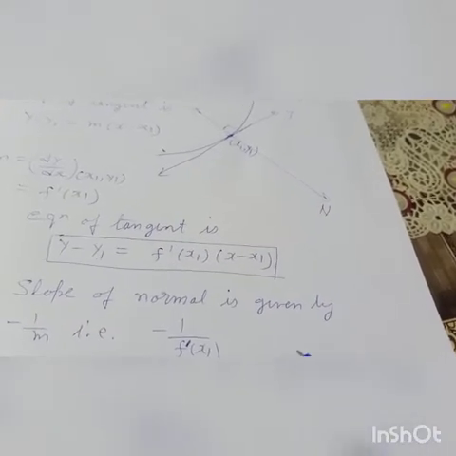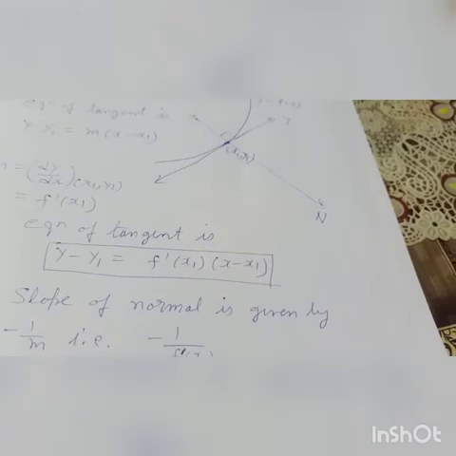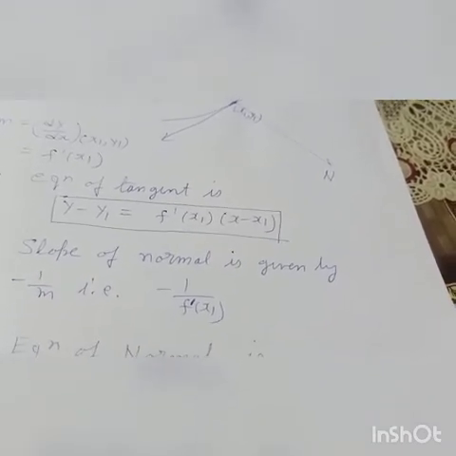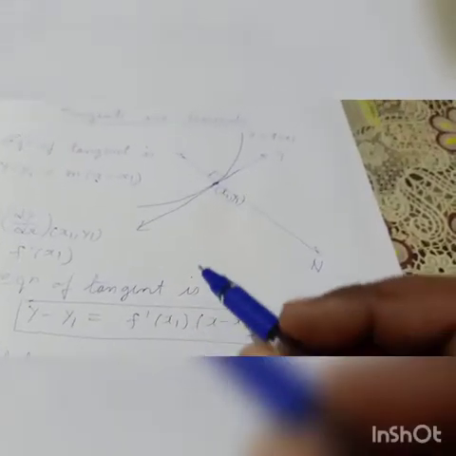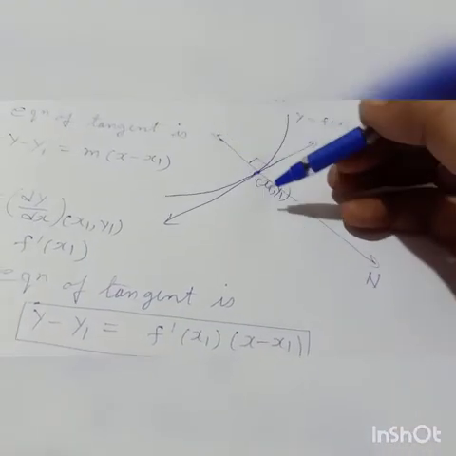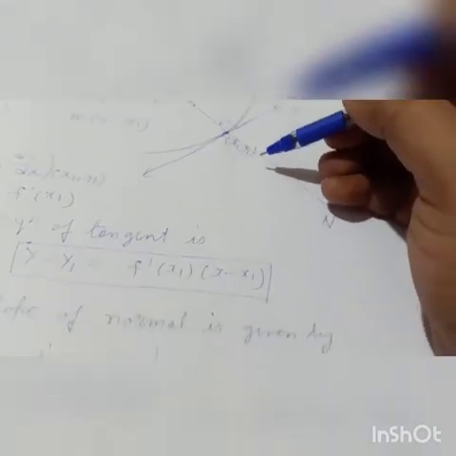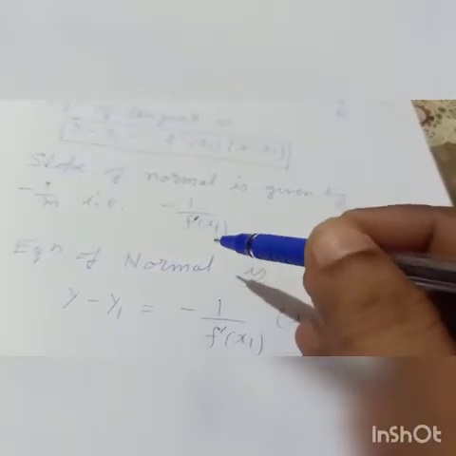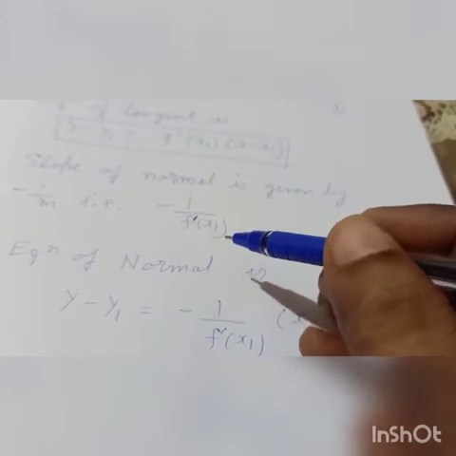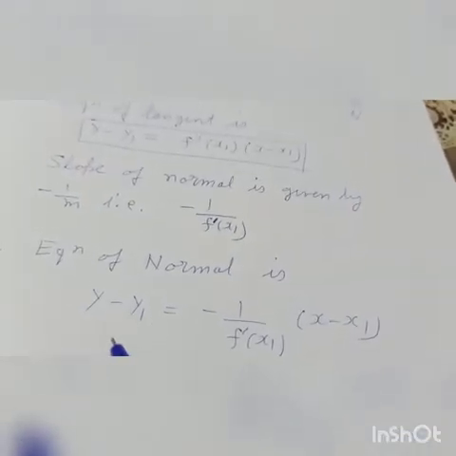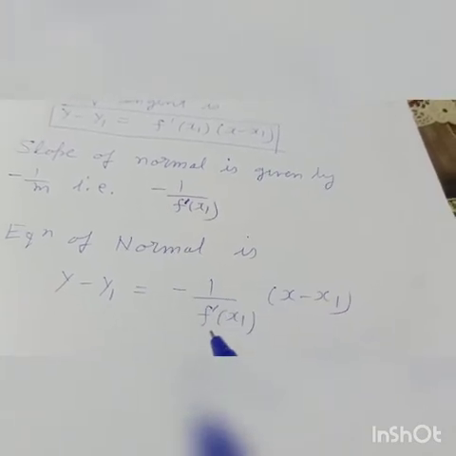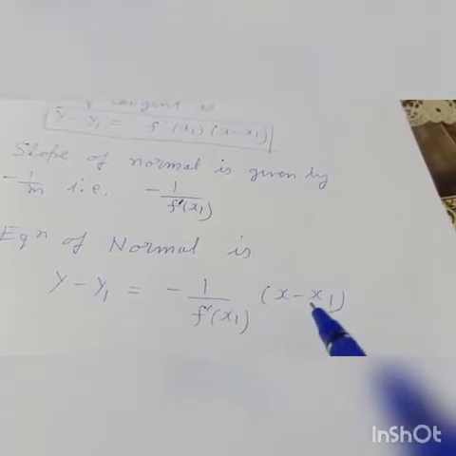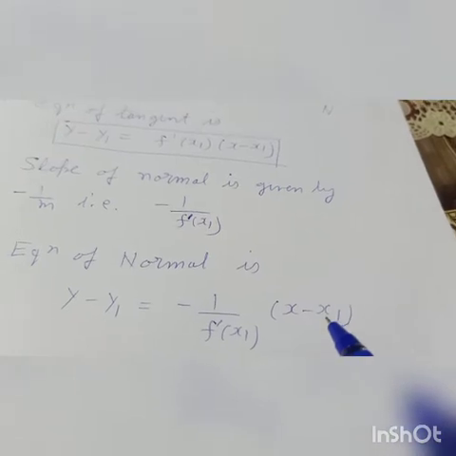So this is the slope of the normal. Since the normal is a line which passes through (x1, y1) with slope minus 1 by f dash x1, using the one point form the equation of the normal is y minus y1 equal to minus 1 by f dash x1 into (x minus x1). So this is our equation of the normal.